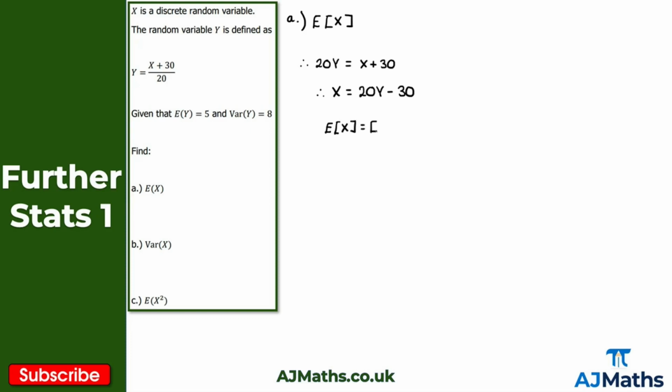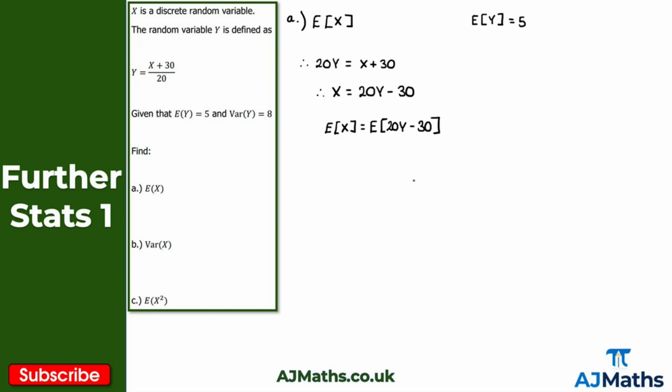And now this comes back to the point I made at the beginning of this video about being confident with the properties of discrete random variables such as linearity, because we now need to apply linearity here. We know that the expectation of y is equal to 5, so let's make a note of that.